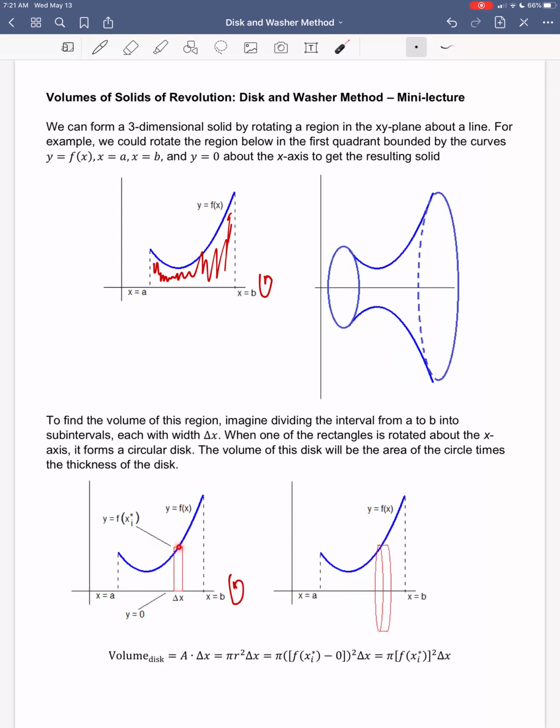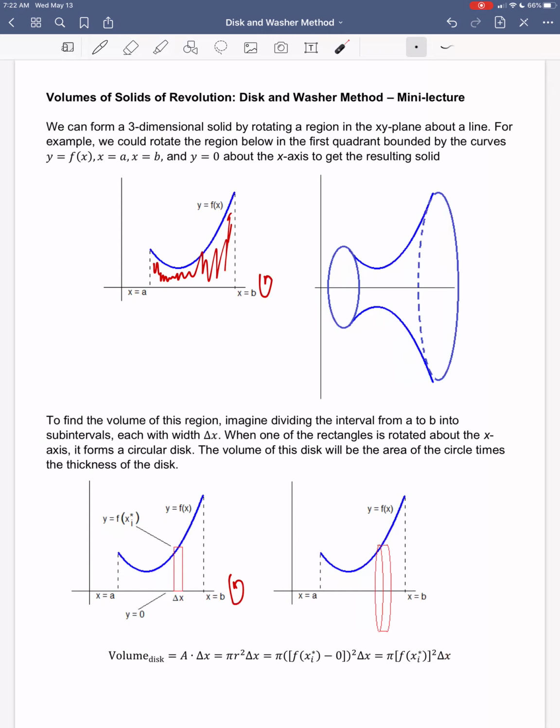And f of x sub i star would be the height of the rectangle. And then the bottom of the rectangle is at y equals 0. So to find the radius of this disk, it's really just the height of this rectangle, which is the difference between the top y coordinate and the bottom y coordinate. So that's just f of x sub i star minus 0, because the y coordinate at the bottom is 0. So that's just pi times f of x sub i star, minus 0 doesn't do anything, squared, delta x. That's the volume of this one disk.